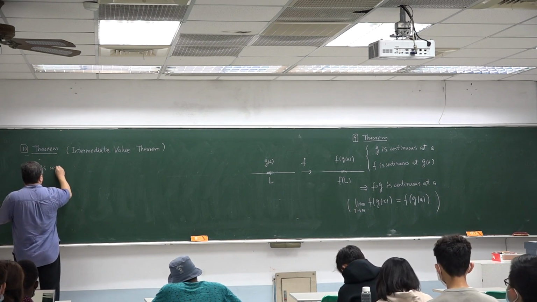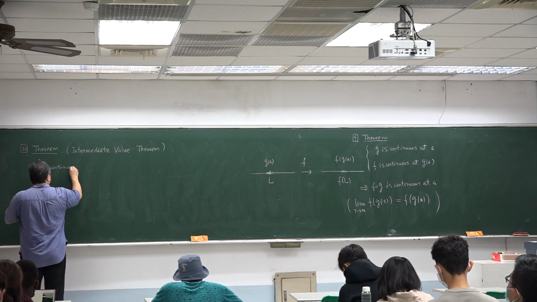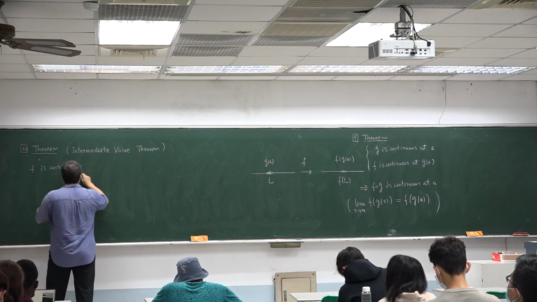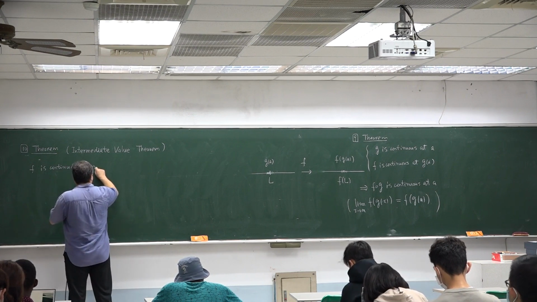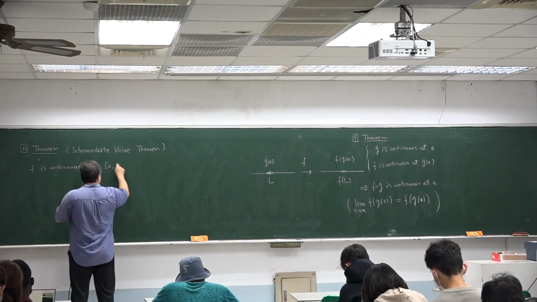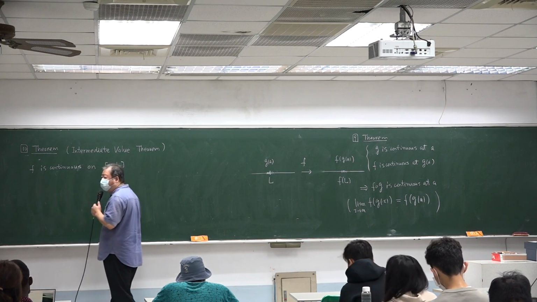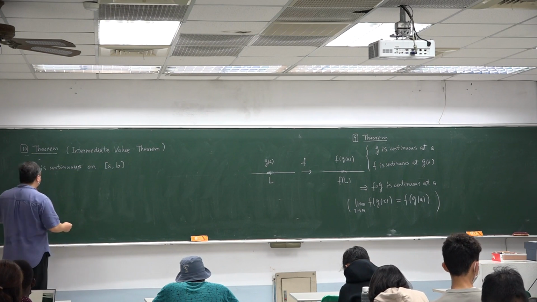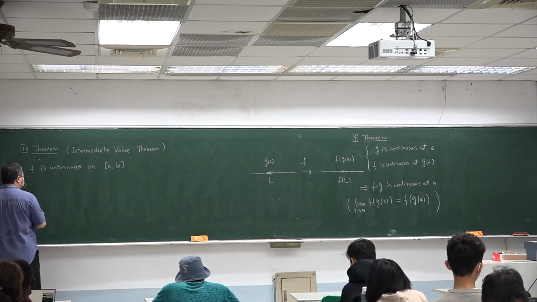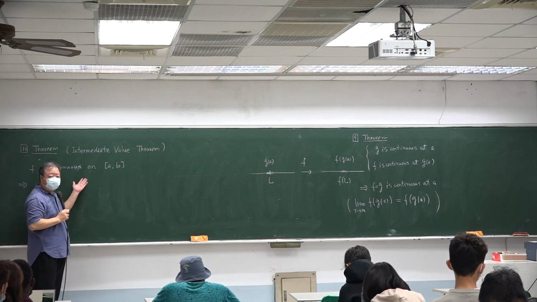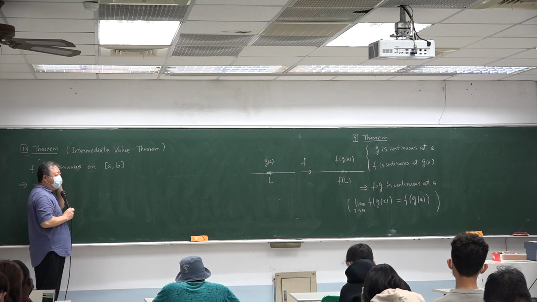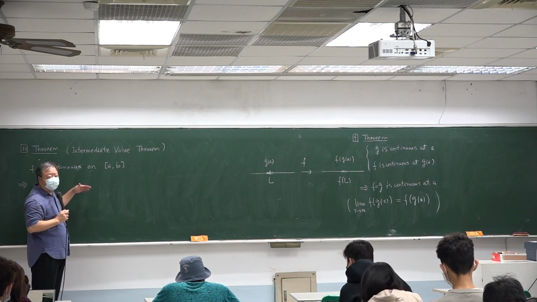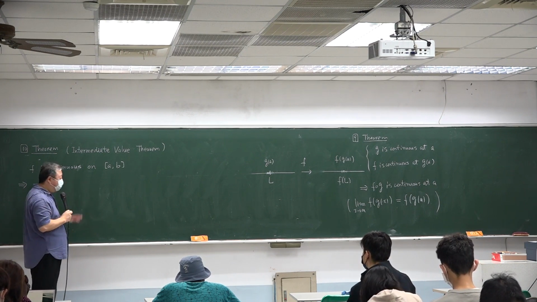When f is continuous on some closed interval, so this is a finite closed interval, then the conclusion is f has a maximum. The values of f have the largest one and also, oh, wait a minute.